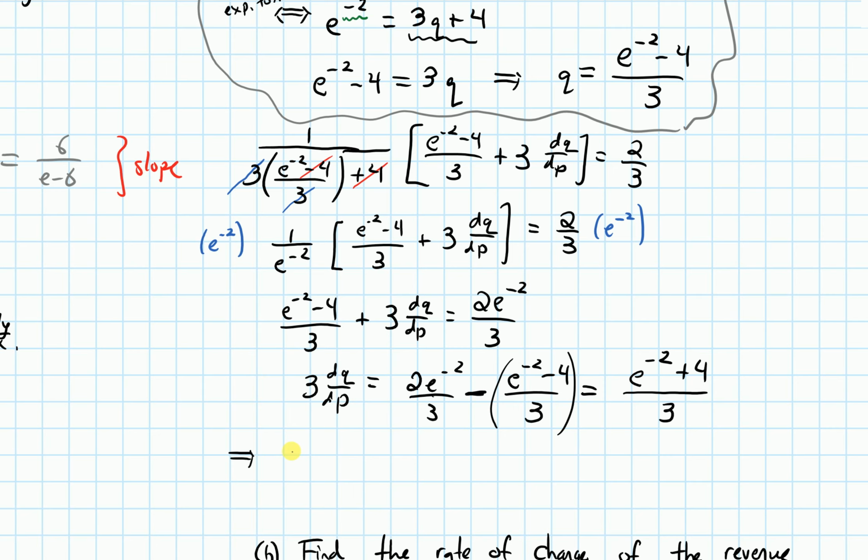We'll end up with dq dp on the left by itself, and when you multiply the right by 1/3, you'll get e to the negative 2 plus 4 over 9, because you get 3 times 3 in the denominator, which is 9. And that is my derivative. That is dq dp at the point where p equals 3, like it wanted.